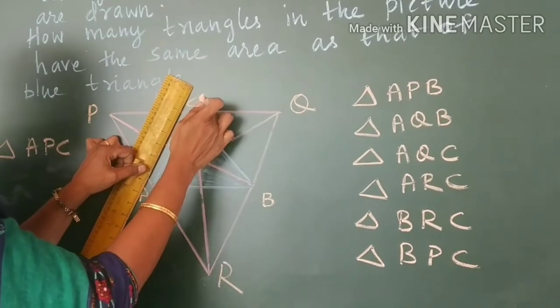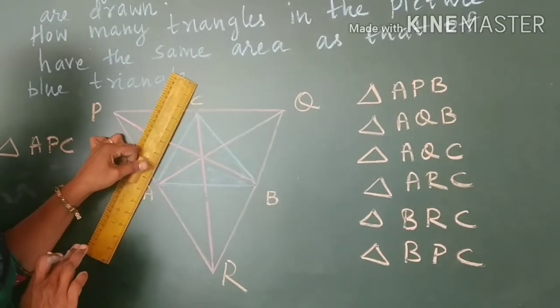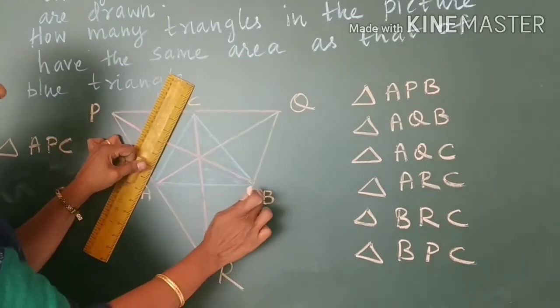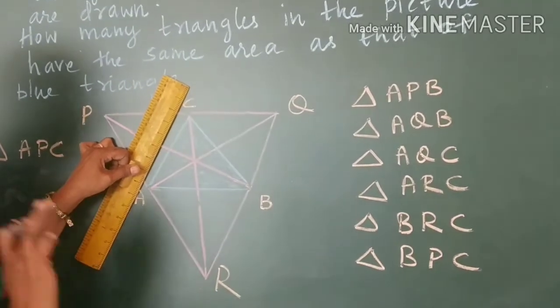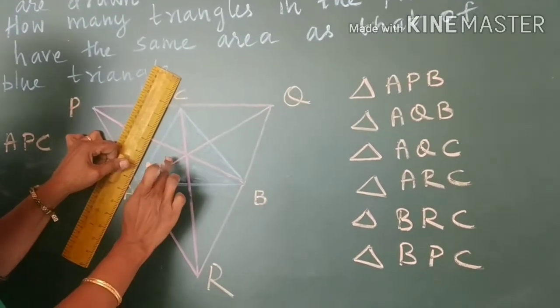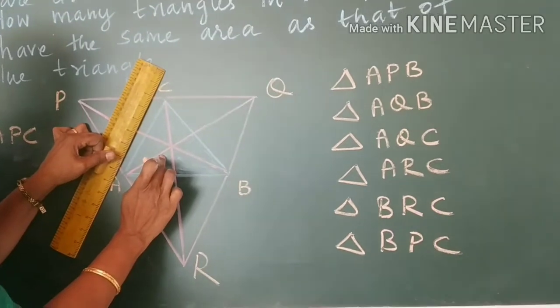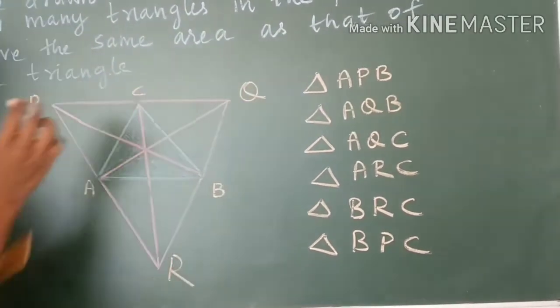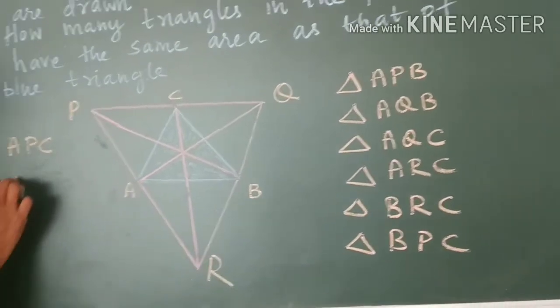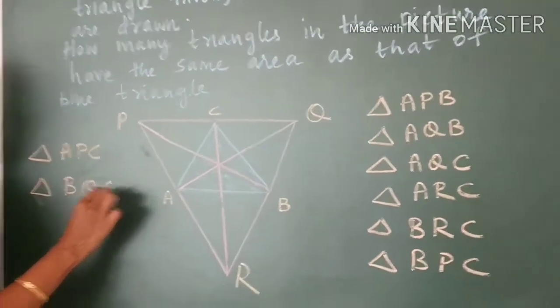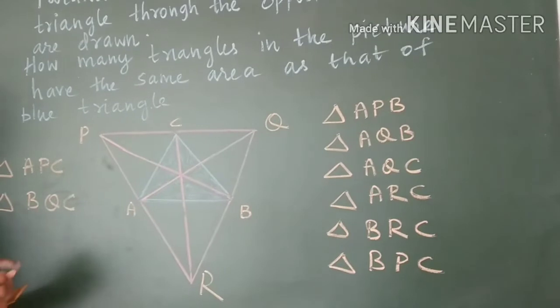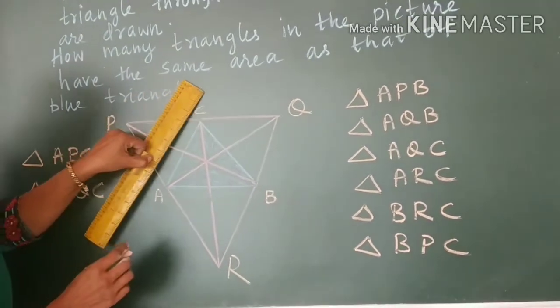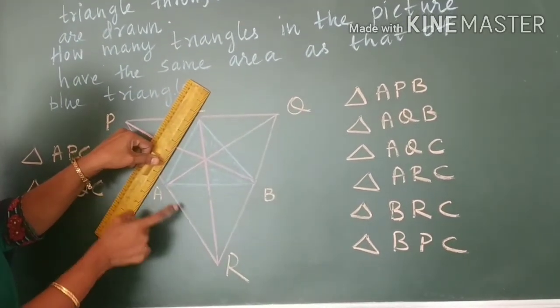ABQC is again a parallelogram, for which BC is the diagonal. So the shaded area and the area of triangle BQC are one and the same. Similarly, look at this portion.